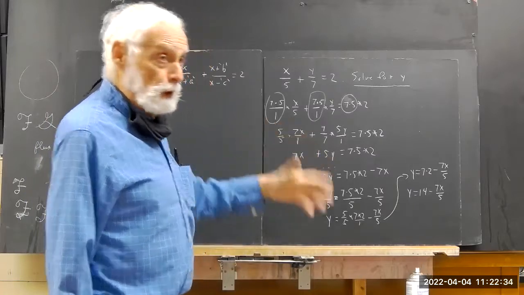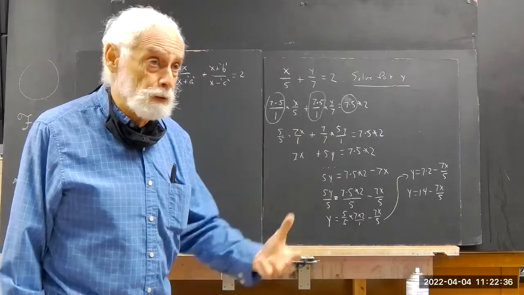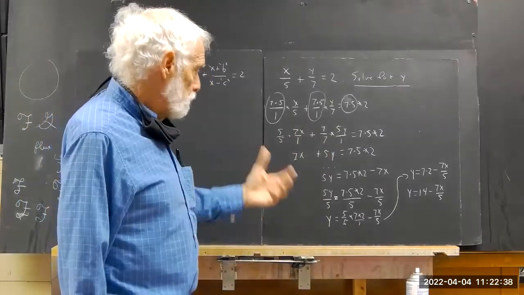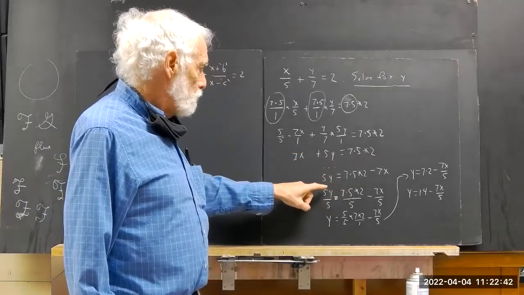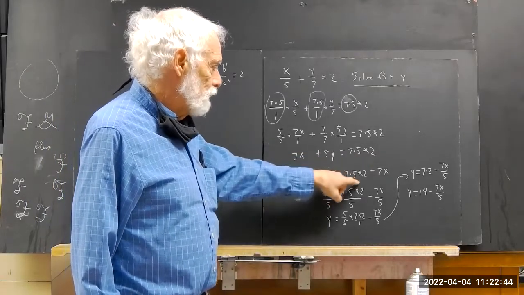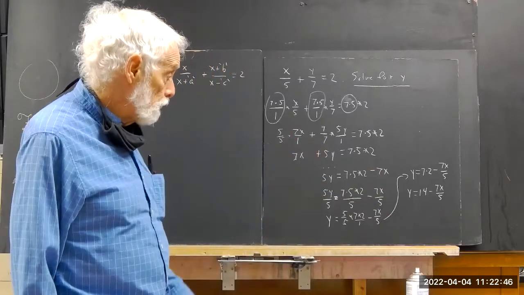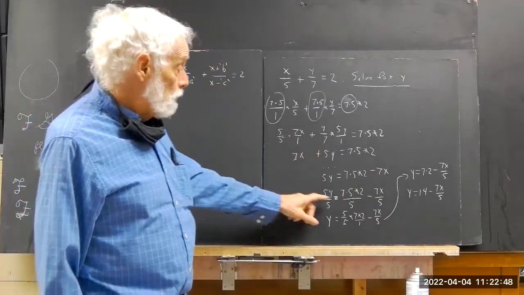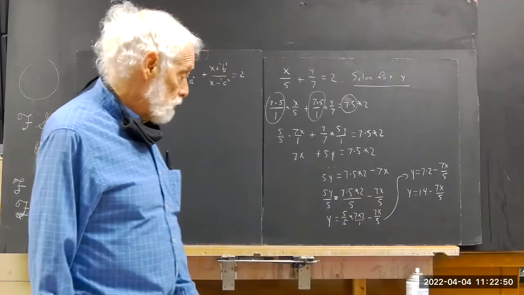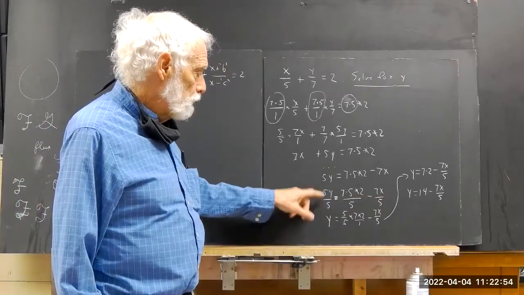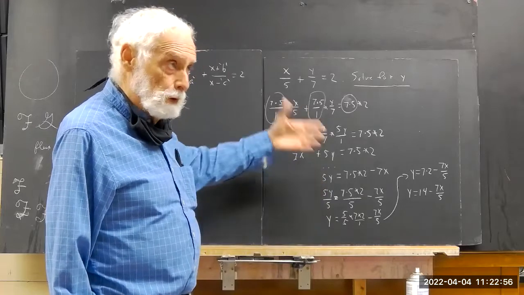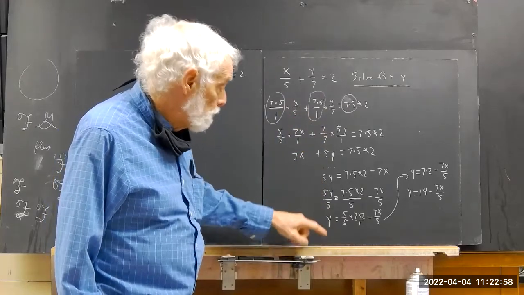Anyhow, now we got a few dots here. You want to write out the step because you want to keep reinforcing the steps that get you to your solution. We subtract 7x from both sides, and we end up with 5y equals 7 times 2 minus 7x. That's pretty straightforward. Divide both sides by 5. That's good. Okay. And then 5y over 5, of course, 5 over 5 is 1 times y is just y.